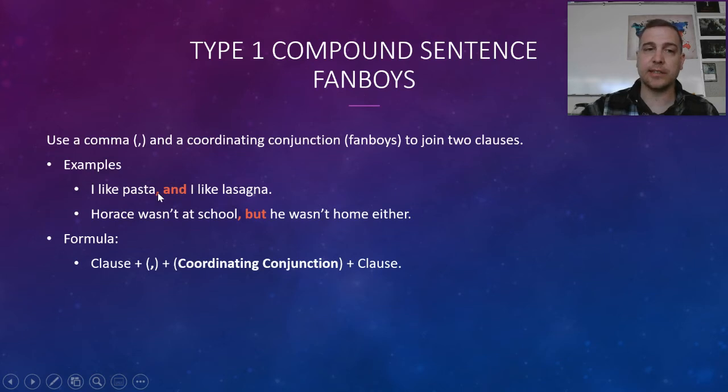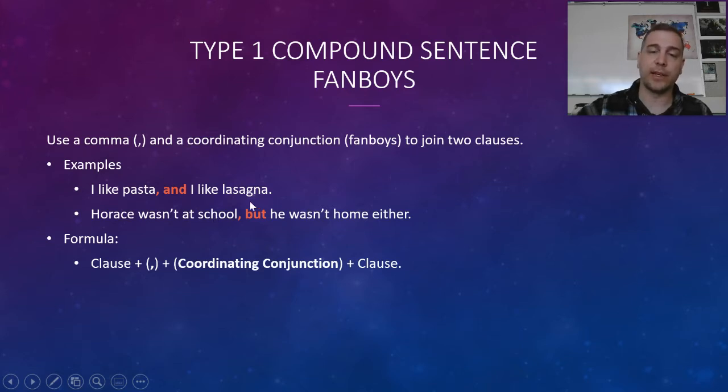So anytime you see a comma and a coordinating conjunction, you should know that what's on the left of it is a complete sentence and what's on the right of it should be a complete sentence. And if it's not, you're not quite using it correctly, right? And so Horace wasn't at school, comma, but he wasn't home either. Horace wasn't at school is a complete sentence. He wasn't home either is a complete sentence, right? And so this comma and coordinating conjunction is connecting two complete sentences together.